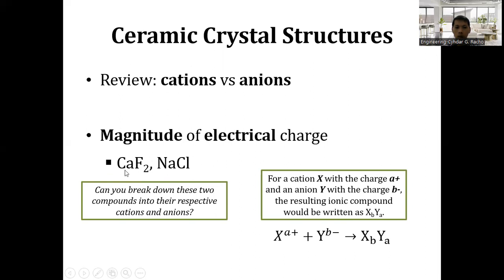Calcium has a +2 and fluoride has a +1, so they just exchange. So Ca 2 plus and your fluoride has a charge of -1. Of course, sodium chloride is very easy. You have +1 and -1 charges for the cation and anion.